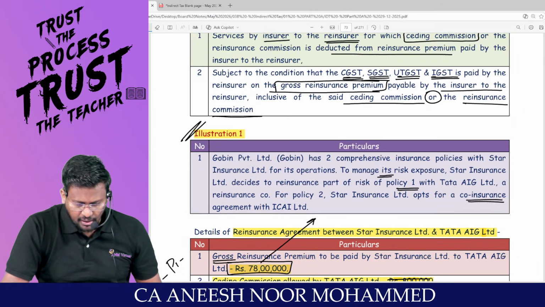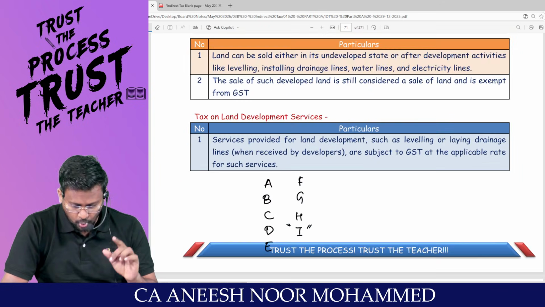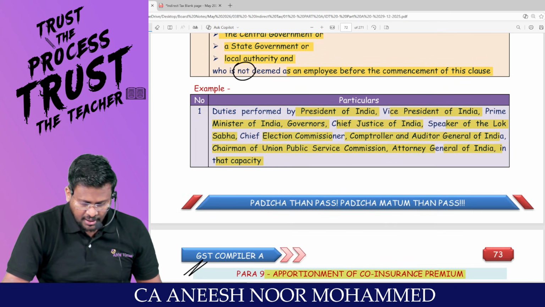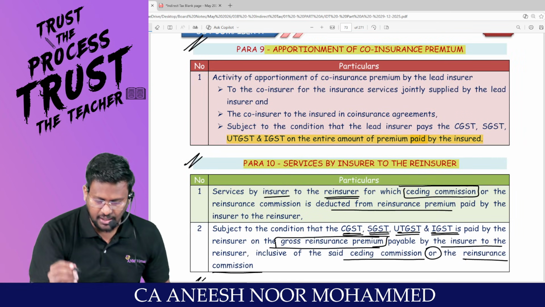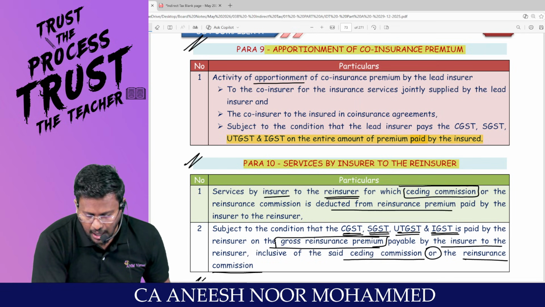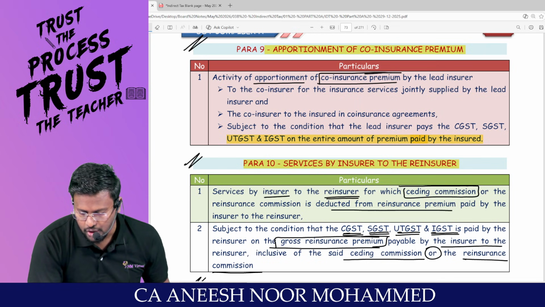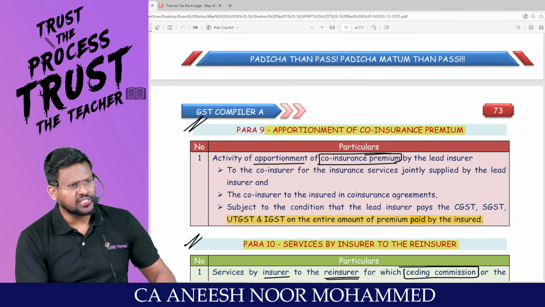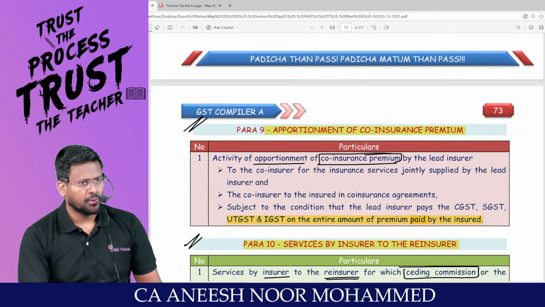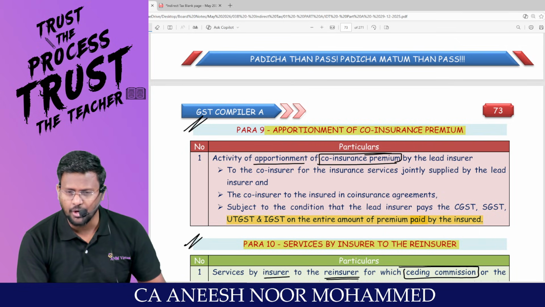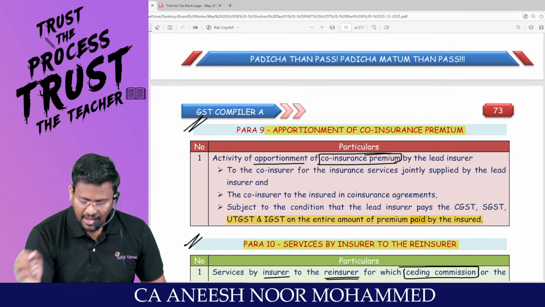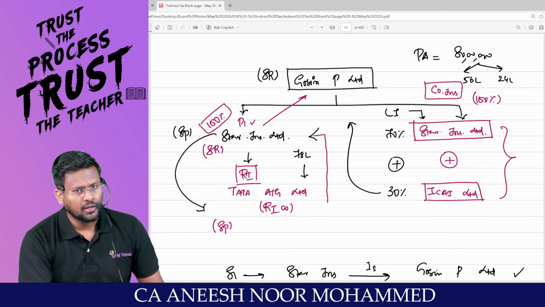That means, my dear students, now I'm going back and reading the amendment. You will understand. Activity of apportionment of insurance premium, which is regarding policy number 2. Policy number 2 was not reinsurance. Policy number 2 was co-insurance. Actually, who was the original party? Gopin.